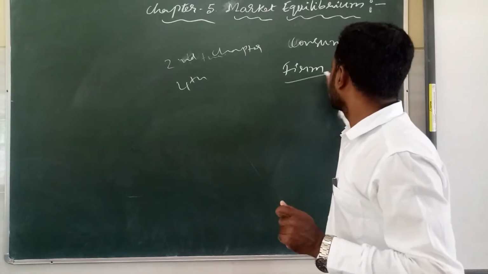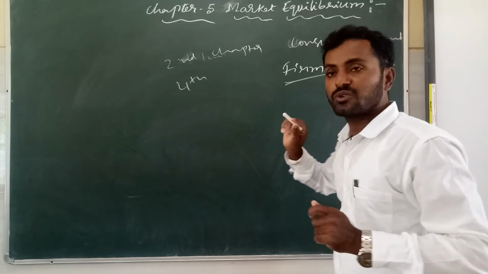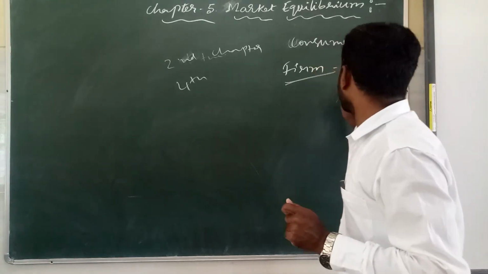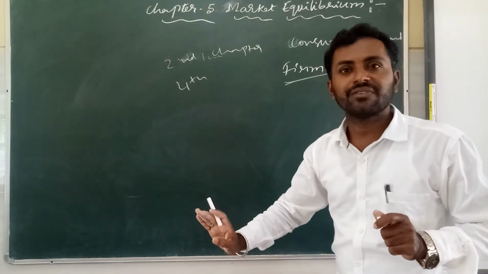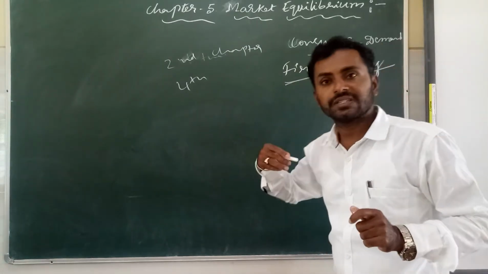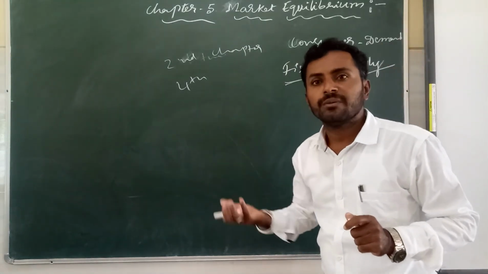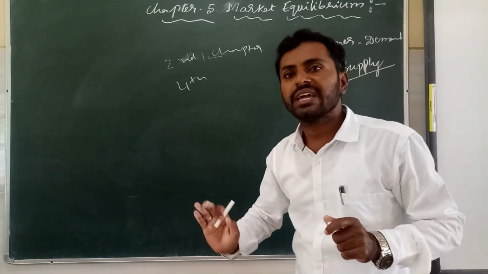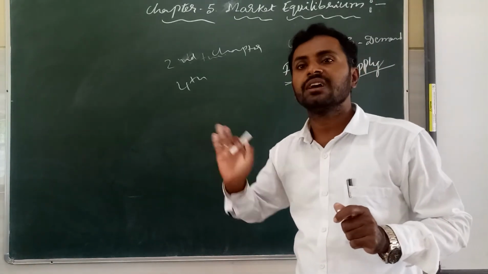The firm is going to do the supply of goods and services in the economy. The consumer expresses his demand and is going to buy goods and services at specific prices.